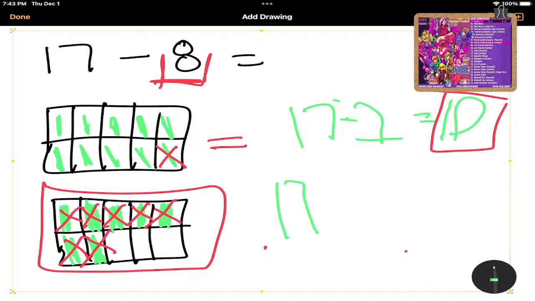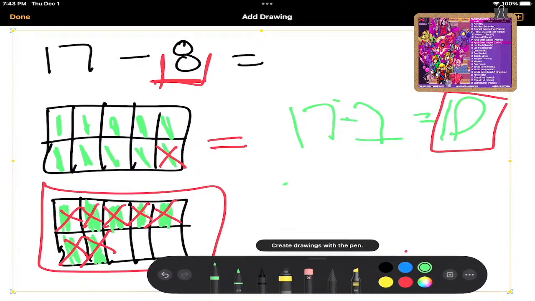Why 17? Right, which is this one. So what's the second equation? It's not 17, Riley.